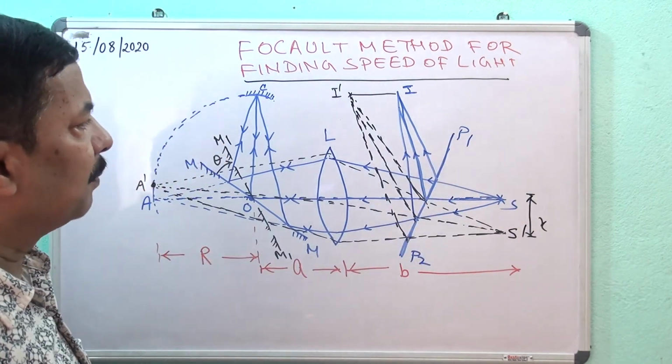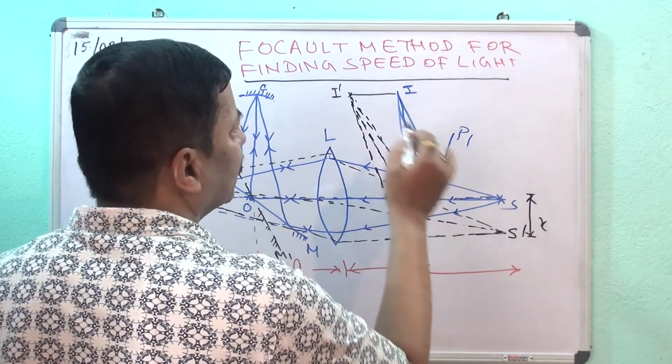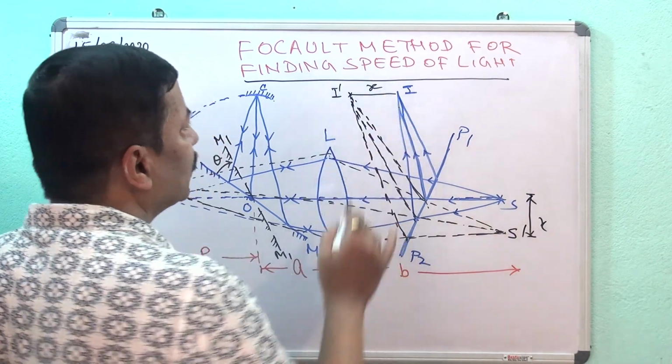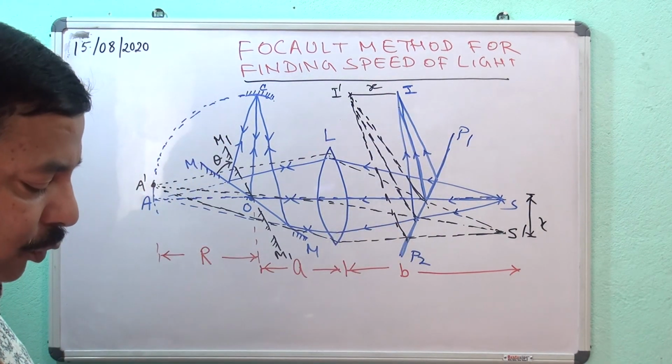This is the basic diagram. This becomes X, then I dash is also X, which is observed from the microscope.